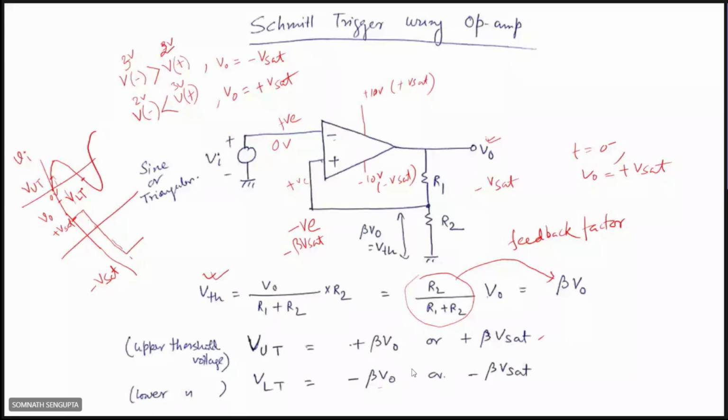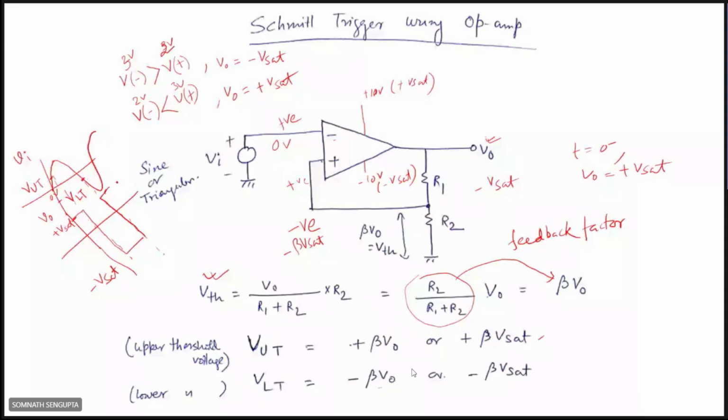The time will come when the input voltage will cross this lower threshold voltage VLT, or be lower than that voltage. At that time less voltage will be coming at the negative terminal, so the output state will change from minus Vsat to plus Vsat. Then it will be maintained there.